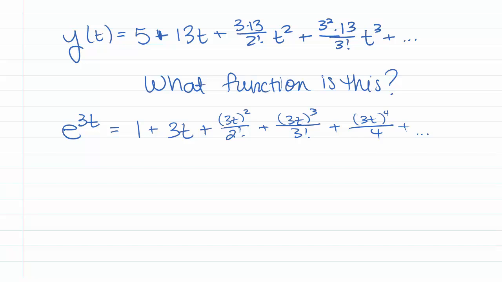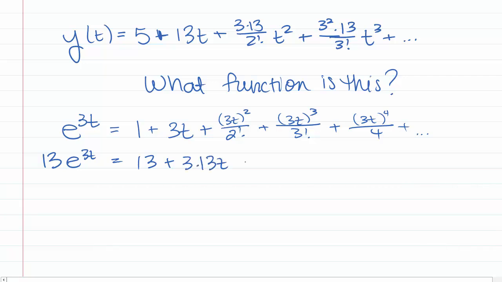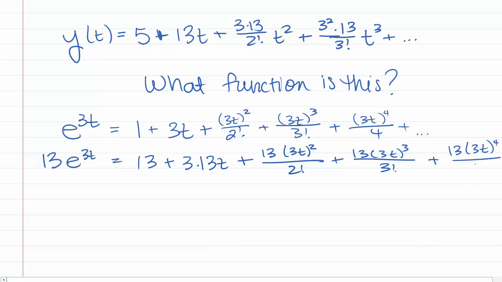Well, what's different? There seem to be lots of 13s, so let's try multiplying everything through by 13 and see if it starts to look closer. So now we have 13 plus 13 times 3t plus 13 times (3t) squared over 2 factorial plus 13 times (3t) cubed over 3 factorial plus 13 times (3t) to the 4th over 4 factorial plus dot dot dot.